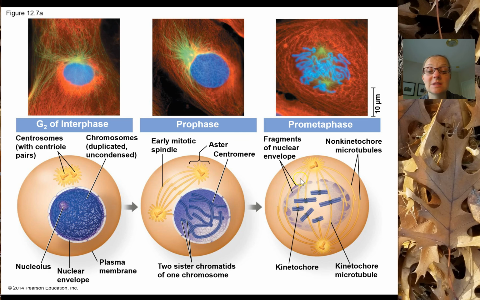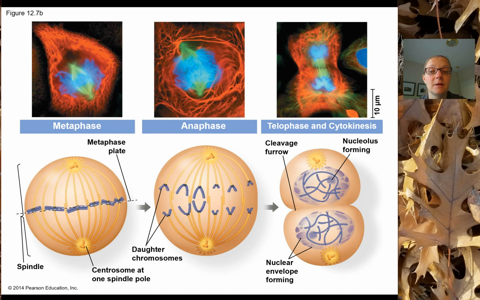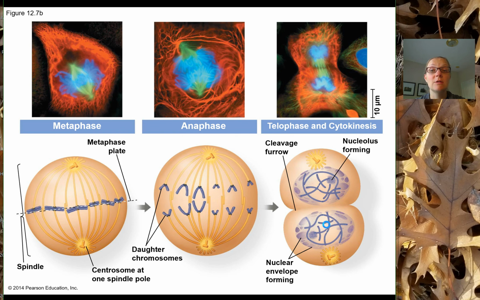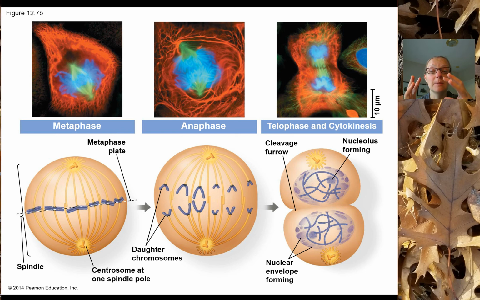And after the nuclear envelope chunks up and moves out of the way, the microtubules have access to bind to those duplicated chromosomes so that they can start to pull them apart. Now, the microtubules, as they attach to the duplicated chromosomes, they start to yank them from side to side.